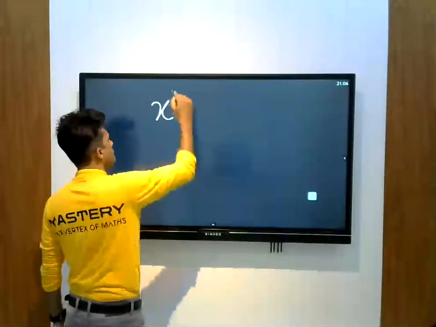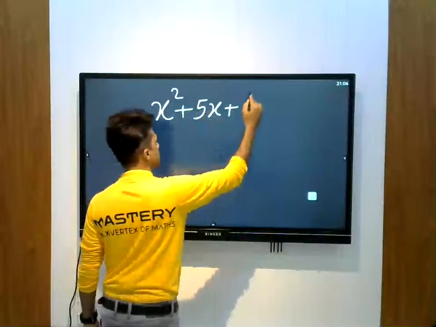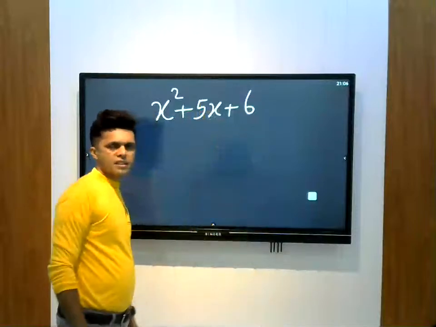X squared plus 5x plus 6. Try to find the factors.